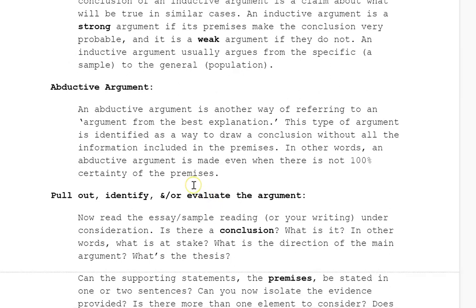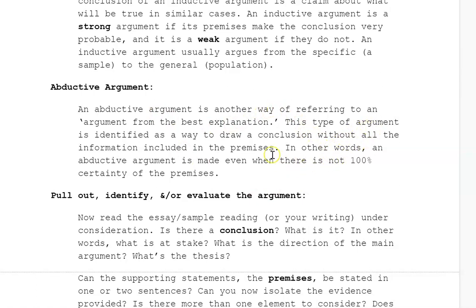Then we have an abductive argument. This doesn't have to do with abduction, but an abductive argument is a way of referring to an argument from best explanation. In other words, this type of argument is also known as an argument to best explanation, as it is sometimes worded.